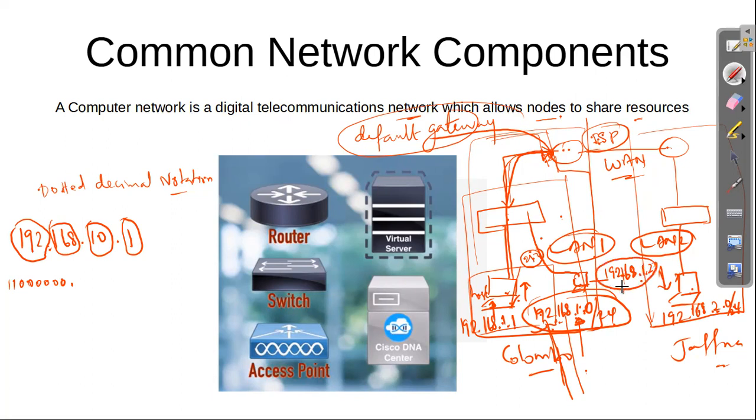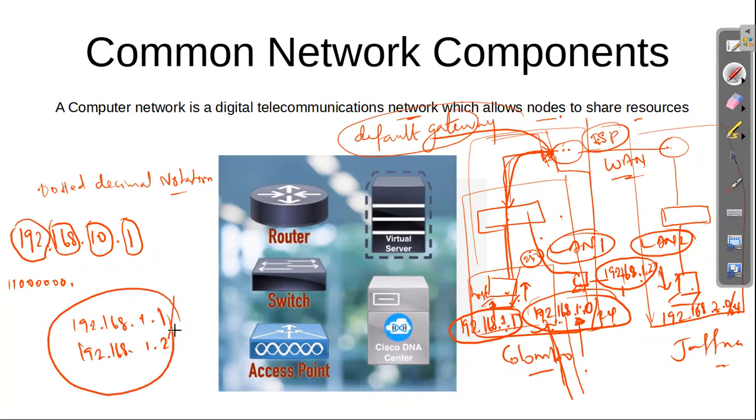So these two, 192.168.1.1 and 192.168.1.2, are in the same network. Why? Because both have a prefix of 24. Why do we put 24 here?